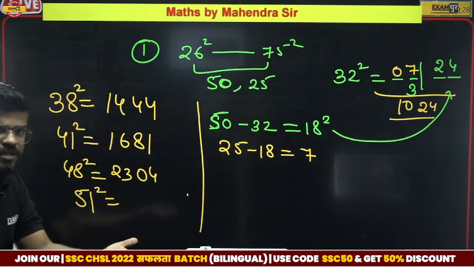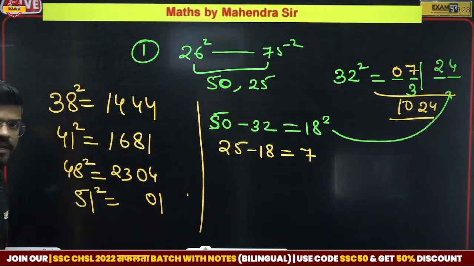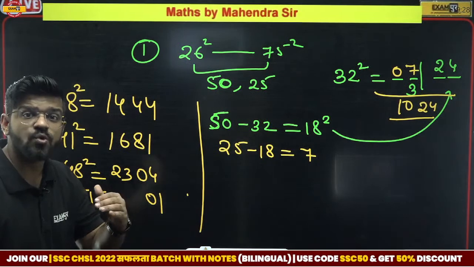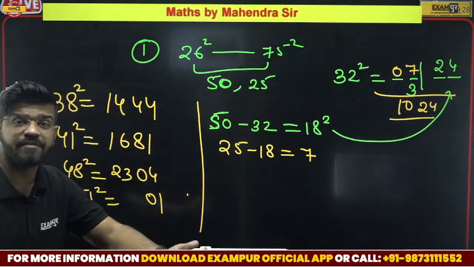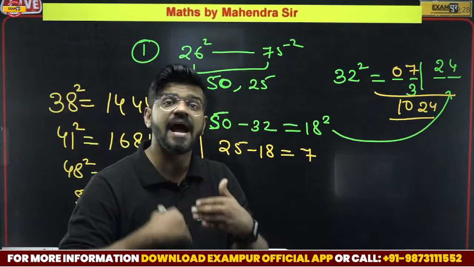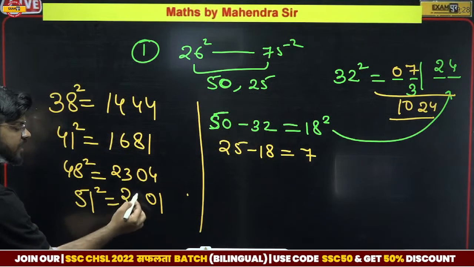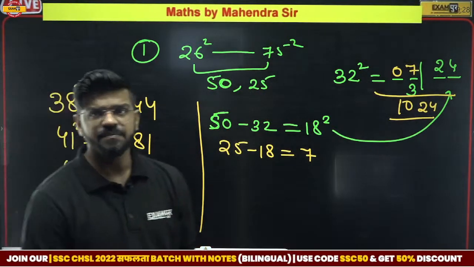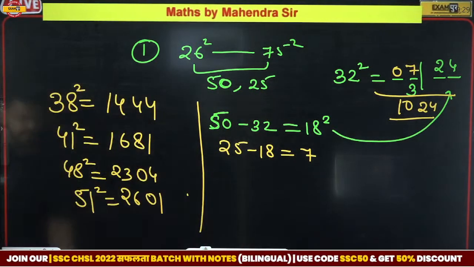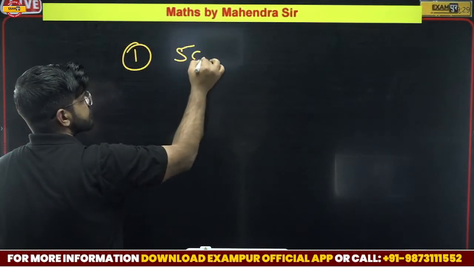We have to know one square, that is 01. And this is going to be one more than 25 now, because it is more than 50, so we have to add 1 to the 25. So this will be 26. Is it clear? If it is clear, tell me the square for 58.